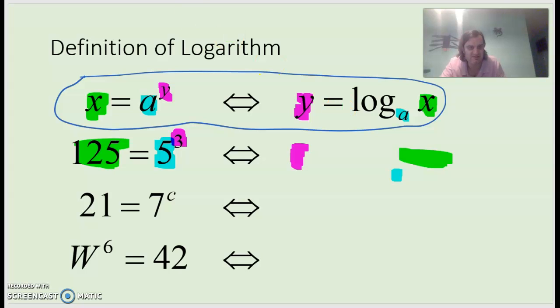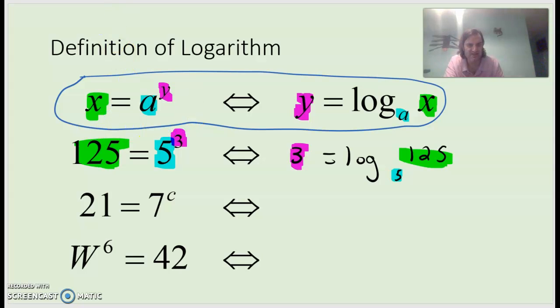So let's come over here. We will have 3 equals log base 5 of 125. And all I'm trying to do right now is get you comfortable with rewriting between the forms. Sometimes we'll have an exponential form that will be beneficial to write in log form. Sometimes we'll have a log form that will be beneficial to write in exponential.